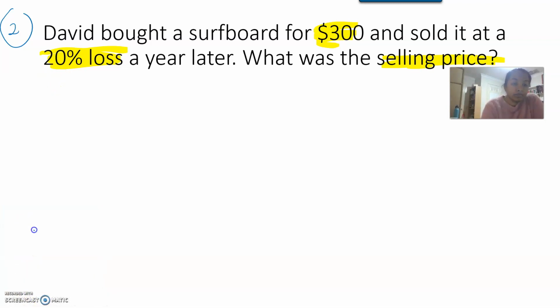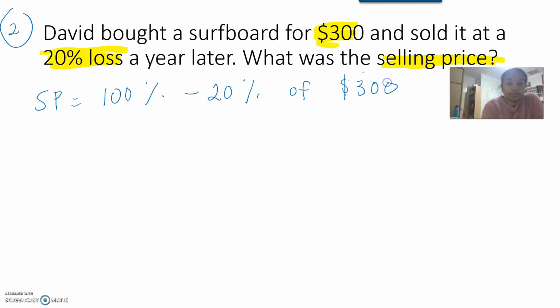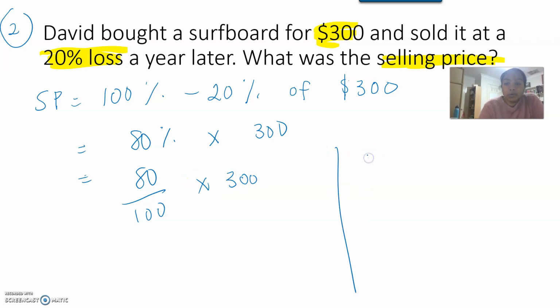So I'm just going to do it here. So the selling price, I'm just going to write SP. We do 100% minus 20% of the $300. 80% of 300. I can do it this way, simplify it, or I could do it this way. We know it's 0.8 times 300.